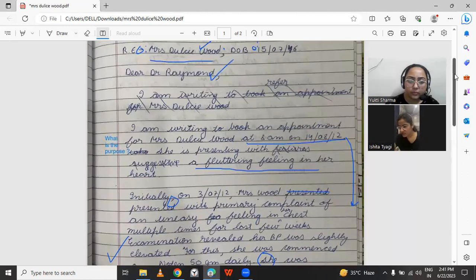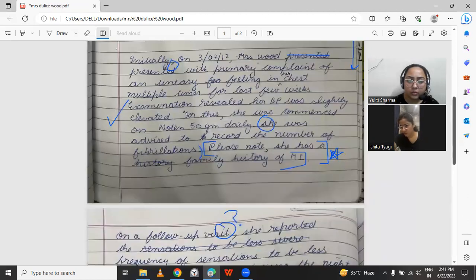In the next line, she was advised to record the number of fibrillations, again with the grammar. She has been advised or she is advised, what is correct? It just depends. Here you are writing initially on the 3rd, so a time is there for the action. Both the past and present perfect tenses are for actions which have happened, but if the time is known, then the past is correct.